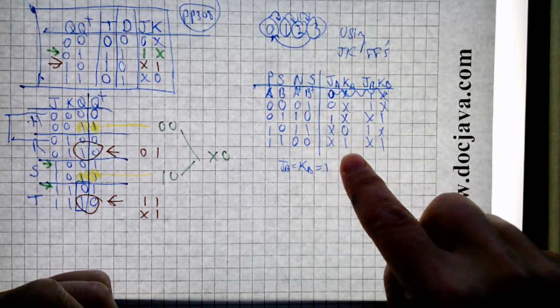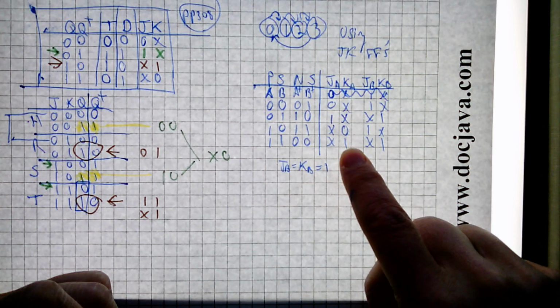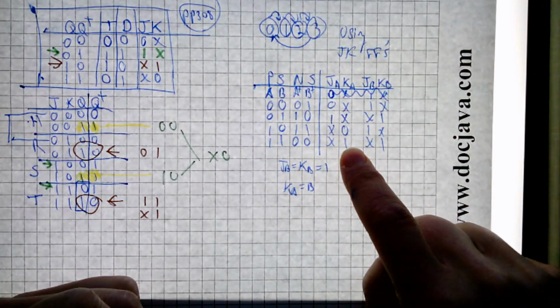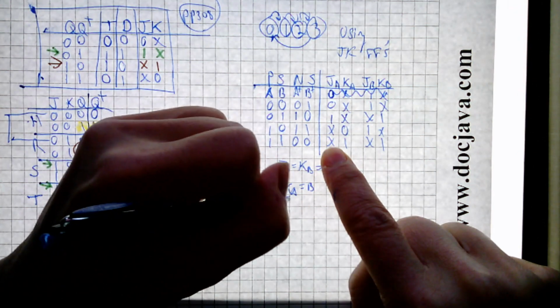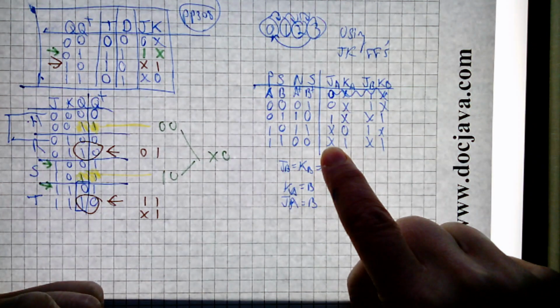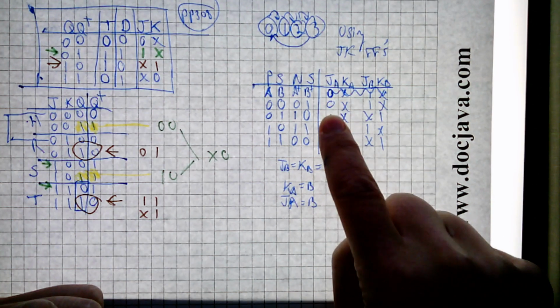And then over in here, K sub A is equal to B. And then J sub A is equal to, looks like you can make it equal to B as well. Because B is going to be 0, 1, 0, 1, and we don't care what the rest is, but that'll be 0, 1.